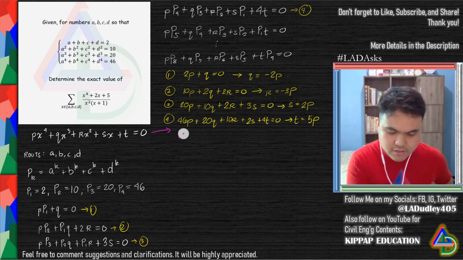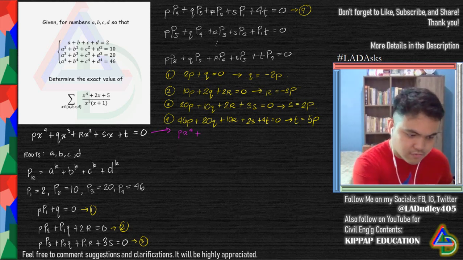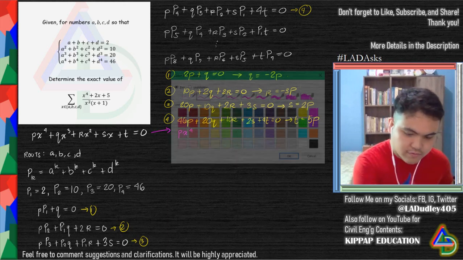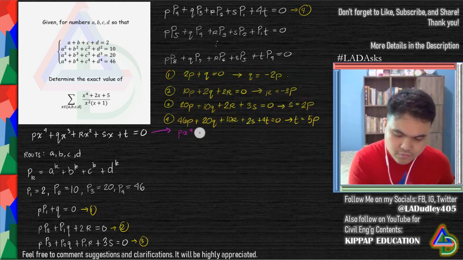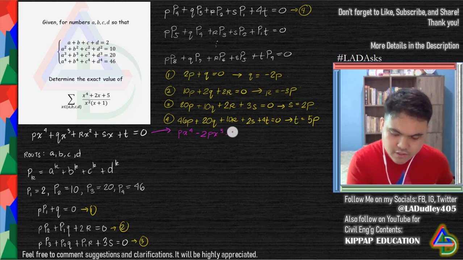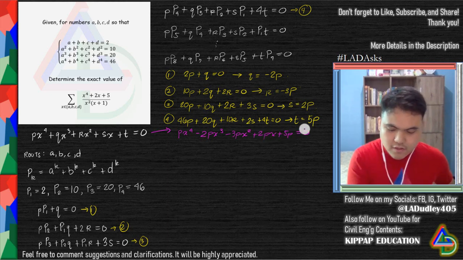So we have px to the 4th plus, oh, it's q, no? It's negative 2. So we have negative 2px cubed, then minus 3px squared plus 2px plus 5p is equal to 0.